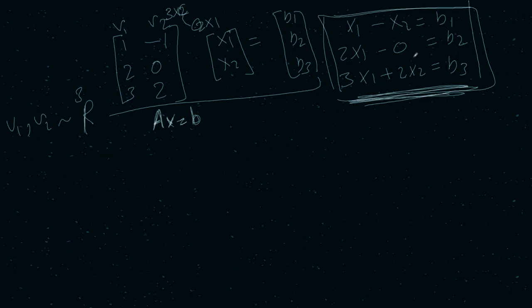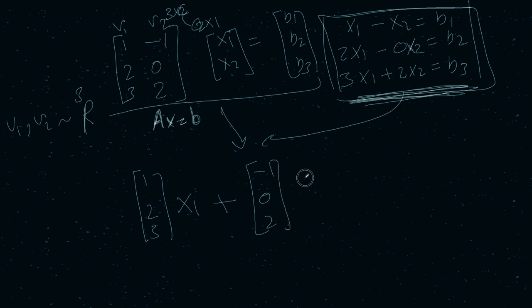Both of them we can represent in a completely different format: we take the first vector 1, 2, 3 times x1 plus the second vector minus 1, 0, 2 times x2, and this equals b1, b2, b3.